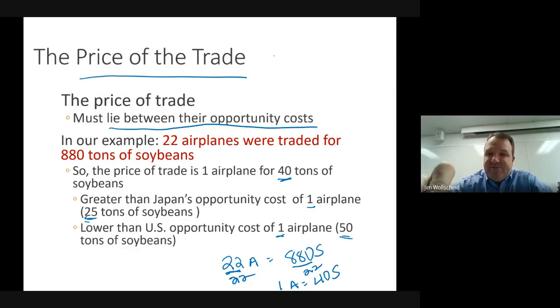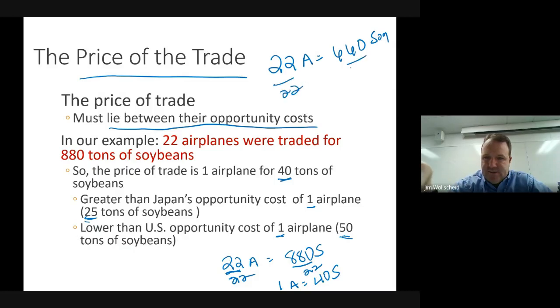Would they have benefited from trade if the trade was 22 airplanes for 660 soybeans? Would that have benefited them? The answer to that is yes, they both would have also benefited from a trade of 22 airplanes for 660 soy.